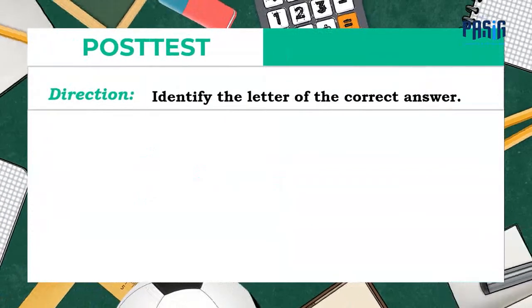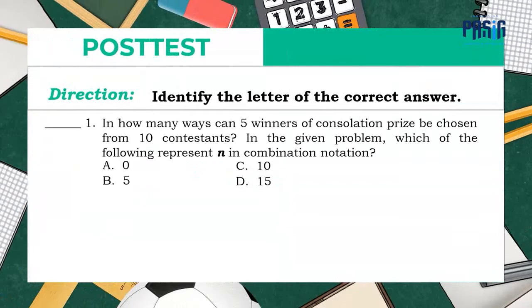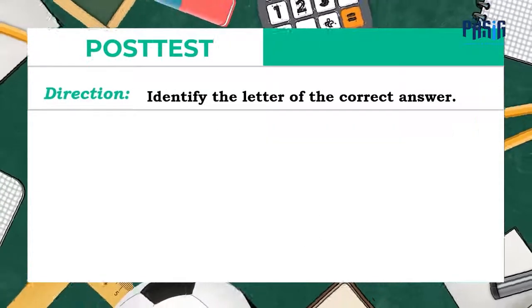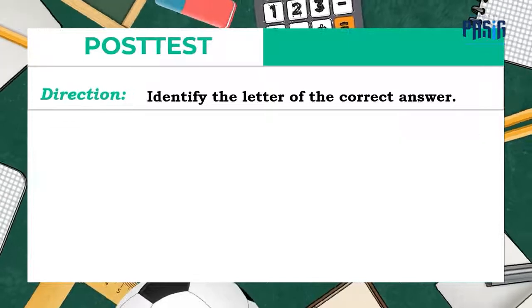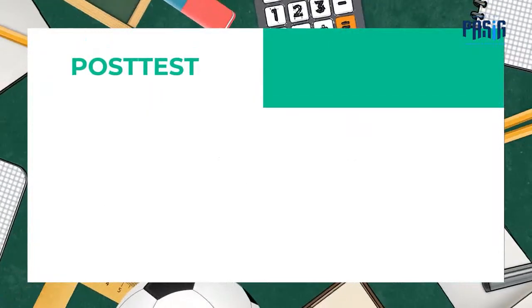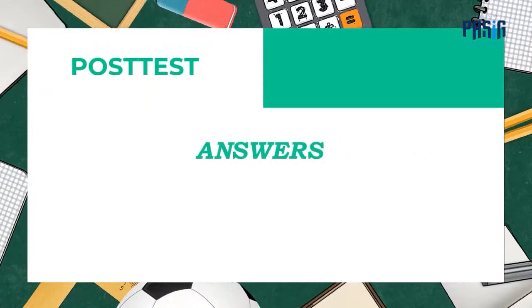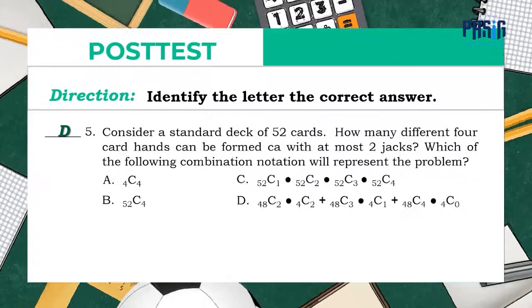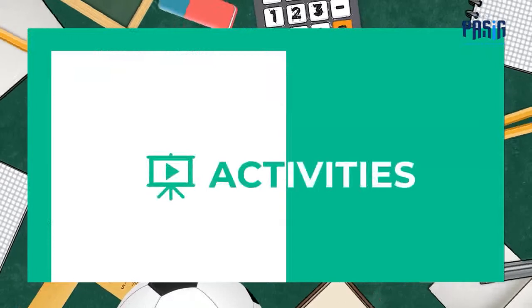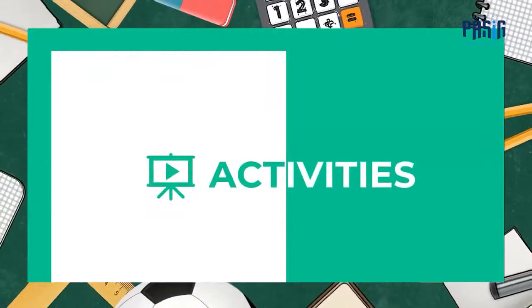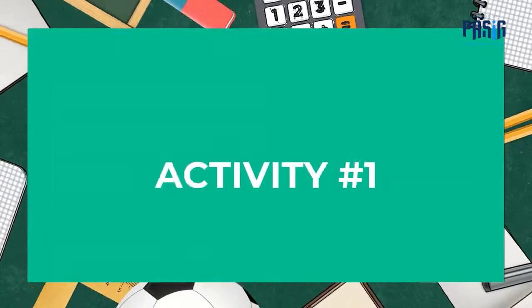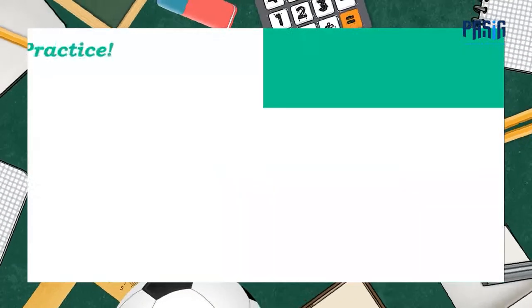Identify the letter of the correct answer. Now check your answers. Activities, again, you may pause the video while answering, then play it once you are done. Activity number 1.